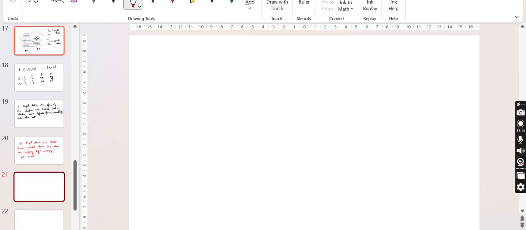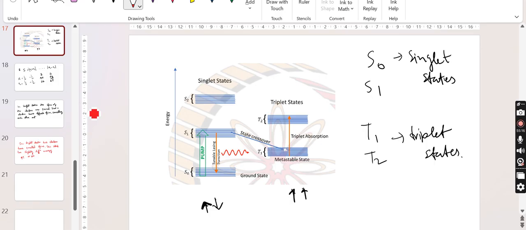So what happened here is that when we gave the pump energy, the pump can be a flash lamp or a UV laser, whatever is being used. We will discuss that later. The molecules which generally reside in the bottom of the singlet ground S0 state, when the pump is given, they transition to different S1 states.